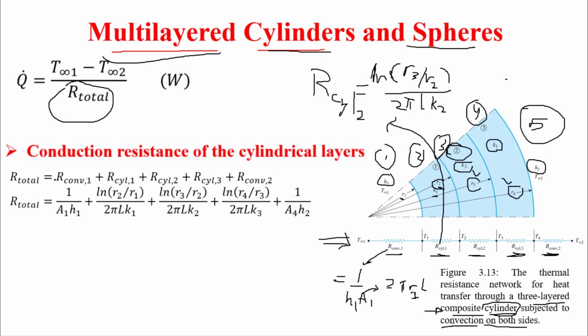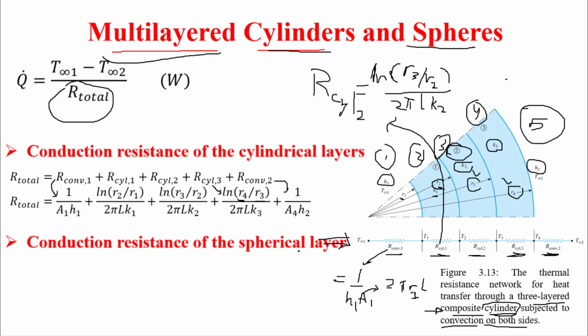So convection resistance 1 over H1A1, R cylinder 1 is ln R2 over R1 divided by 2 pi L K1, and so on. Cylinder 3: outer radius, which is R4, divided by R3, divided by 2 pi L K3, and here this is the R convection 2.